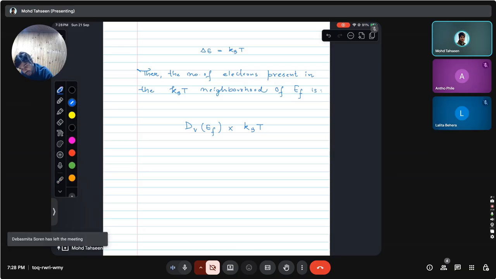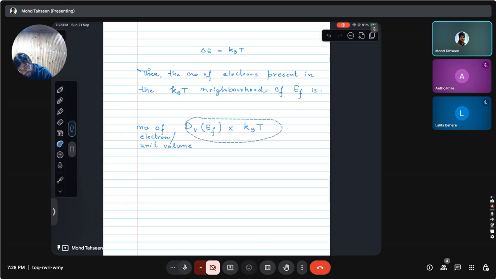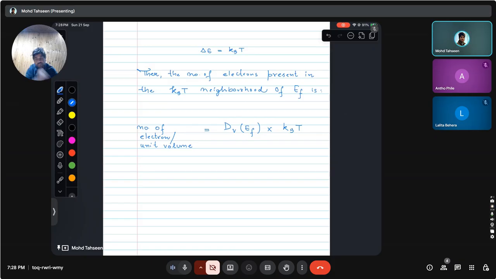So this is the number of electrons per unit volume present in this kBT neighborhood of the Fermi energy.